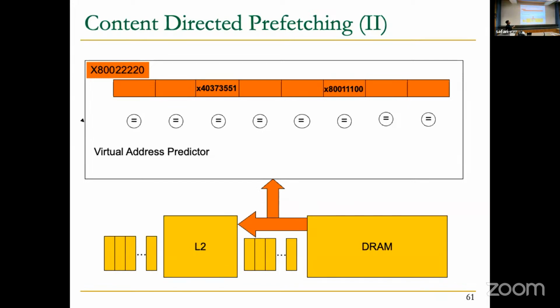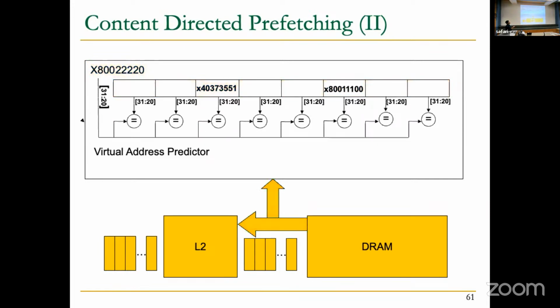So we are going to break it down into address-size chunks and decode what exactly they are saying. Now, for each of these values, we are going to match a few significant bits and see which values match. In this case, the address of the cache block matches the value that is stored over here.